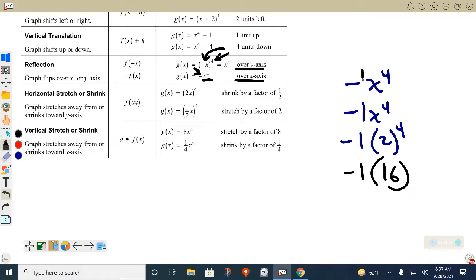Again, right here, negative 1. If there's no parentheses around the x and the negative, then the action of taking to the 4th power will come before multiplying by the negative 1. Therefore, it's going to be a flip over the x-axis because of order of operations. The exponent has to be done before the multiplying of the negative. Let's try it.